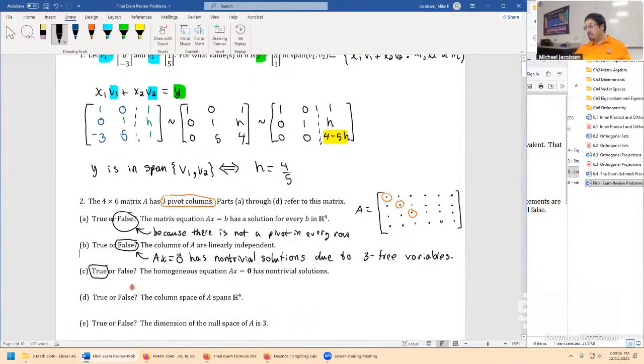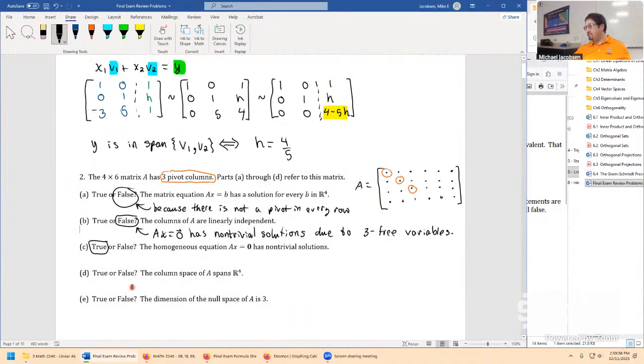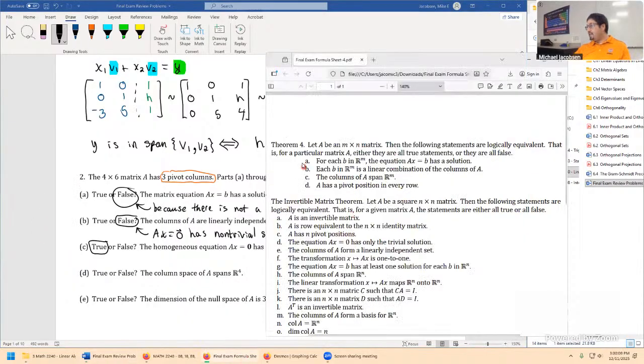Well, we're nearly done with the set. Oh, there's a bonus one, it turns out. For true or false, the column space of A spans R^4, but that's connected with part A. It's like the same exact question. Spanning and part A, both parts A here and here are connected. The moment we said part A is false, that means the columns of A spanning R^m is also false.